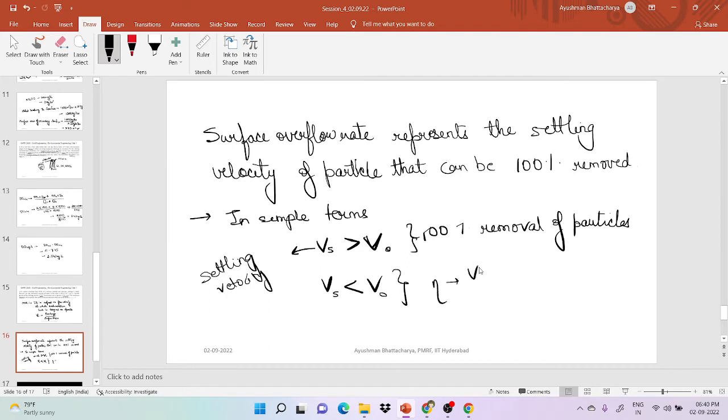The efficiency of the sedimentation tank is given by Vs by V naught into 100. All these concepts I have already explained in the previous classes. So if you are unable to understand, I request you to please go and watch those lectures. So the efficiency of the sedimentation tank is Vs by V naught into 100, where Vs is the settling velocity of the particle and V naught is the overflow rate.